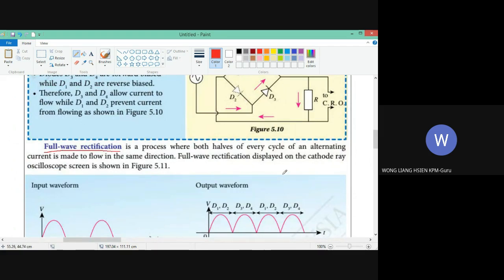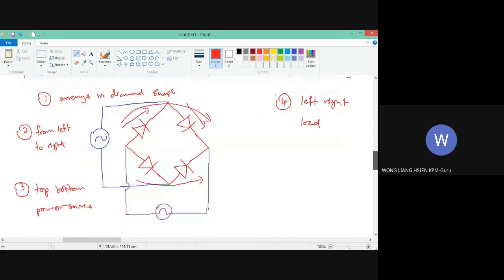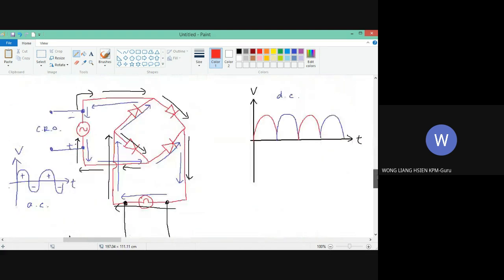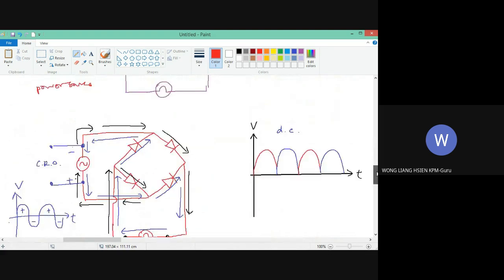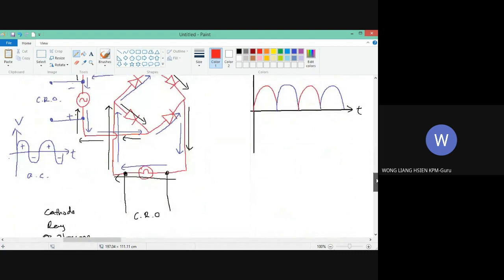This full wave rectification is of course better than the half wave rectification because it allows all of the energy of the alternating current to pass through the load. You get all of the energy.